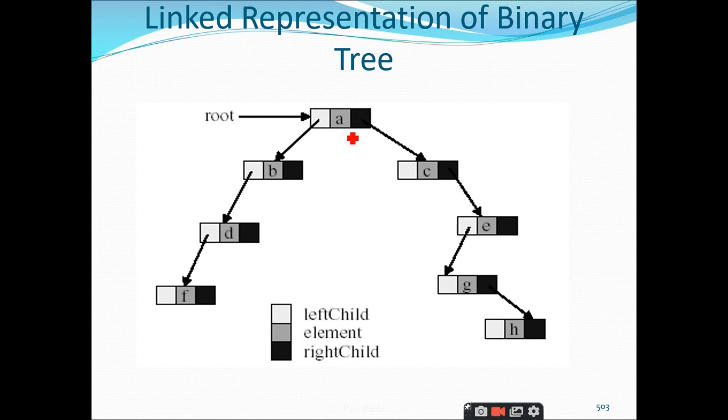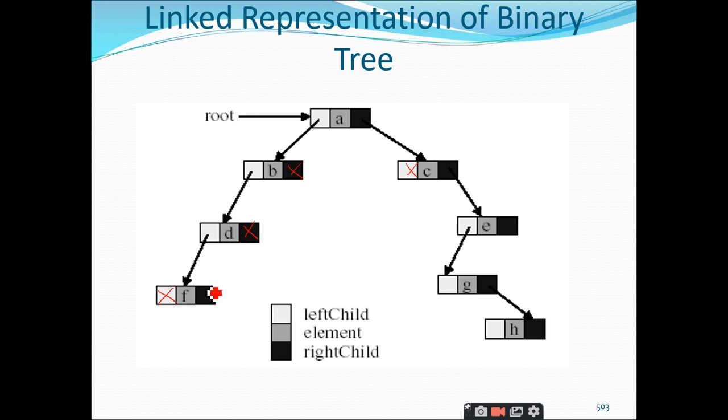So this is the linked list representation for the binary tree. A is having both the left and right child. The left child is B and the right child is C, right? So here B is not having any right child. Similarly, C is not having any left child, and D is having only the left child, and D's right child is given the null address.